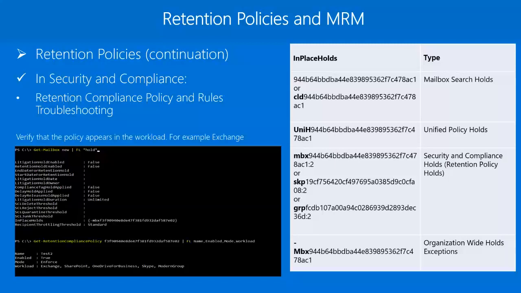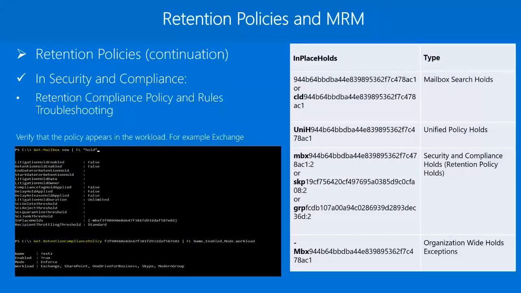So for example, if a user is excluded from an organization hold, you would see in get-mailbox a minus symbol prefixed before the hold GUID. If the retention hold policy is applied explicitly to a user, not all locations, then you will see the hold stamped on the in-place hold attribute of the mailbox.